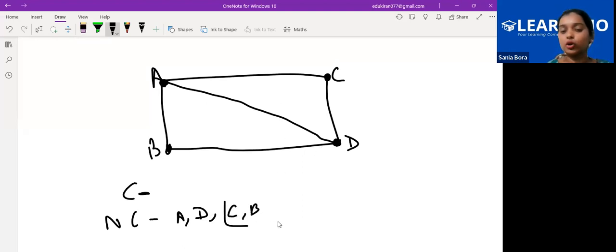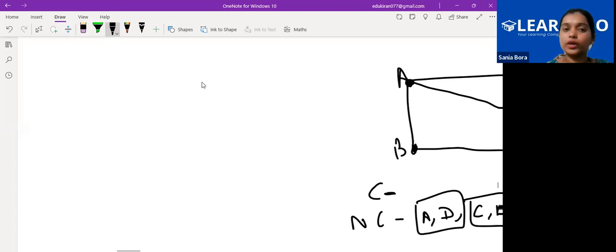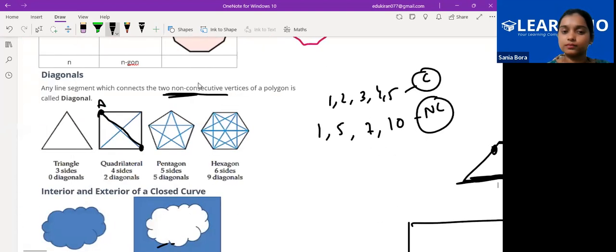Clear? So a diagonal is basically connecting non-consecutive vertices. Works with everybody?